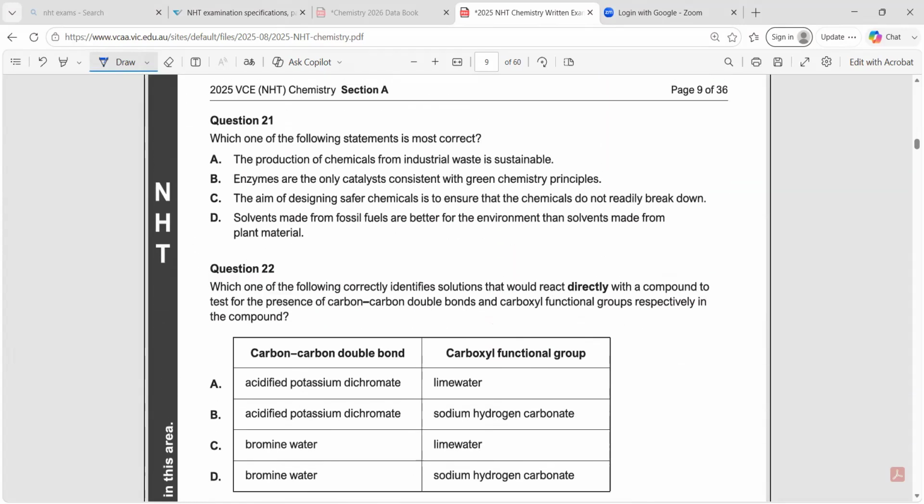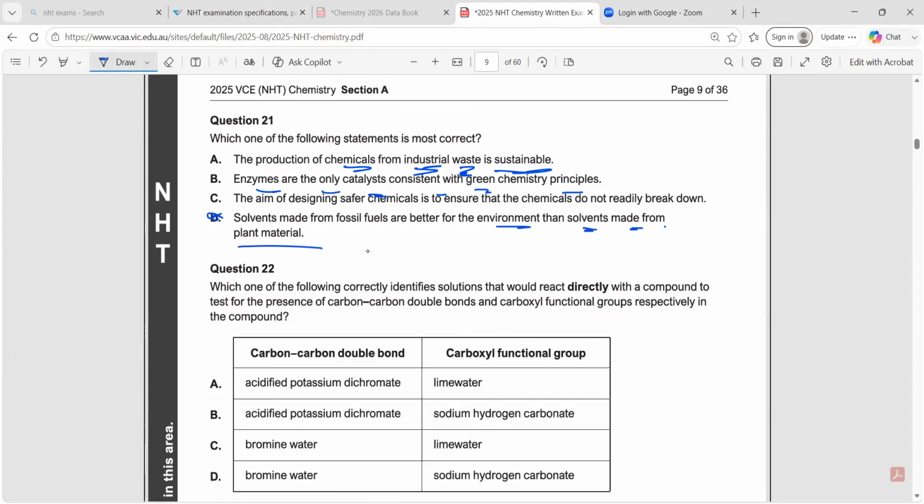Which one of the following statements is most correct? The production of chemicals from industrial waste is sustainable. I don't think so. The enzymes are the only catalyst consistent with green chemistry principles. Okay, let's go from the bottom. Solvents made from fossil fuels are better for environments than solvents made from plant material.